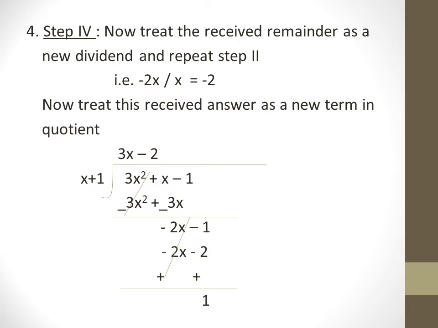You have to divide two polynomials till you get a remainder whose degree is less than the degree of the divisor. So here the degree is less, now the division has ended. So what quotient are you getting? 3x minus 2. What remainder are you getting? It is 1. I hope you understood this.